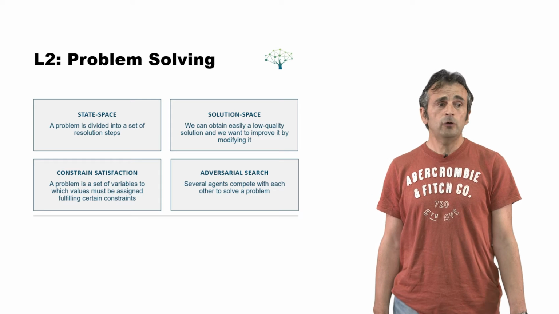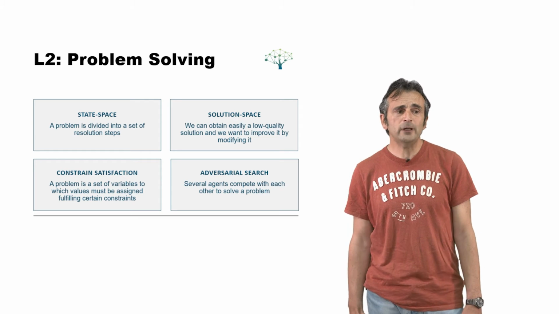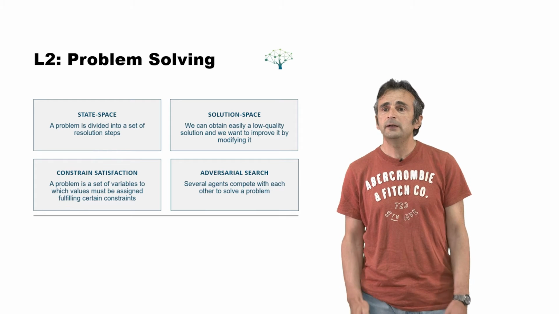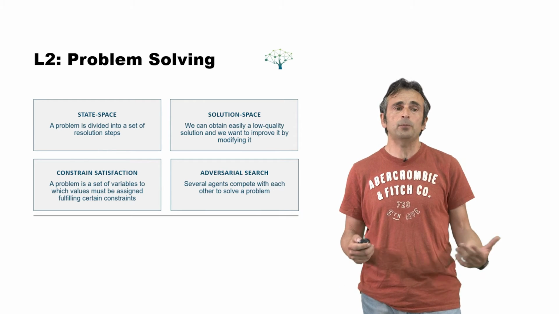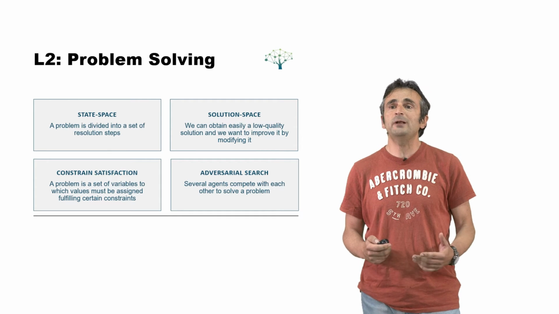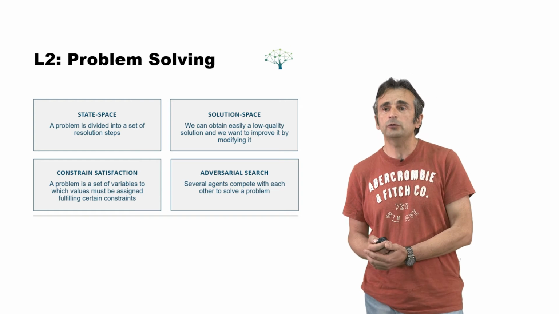In the second lesson of this unit, we will see how AI has defined a very elegant abstract framework for general problem solving. The idea is that this framework allows us to unify many different problems as the problem of finding a path in a possibly huge graph from an initial node to a goal node.